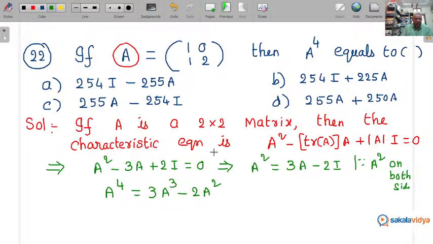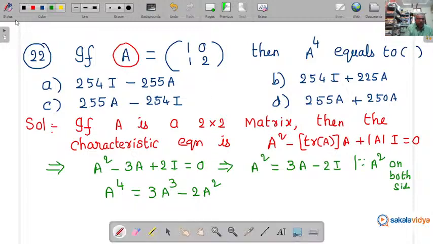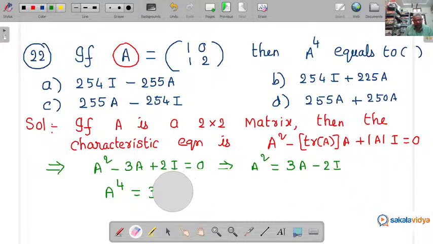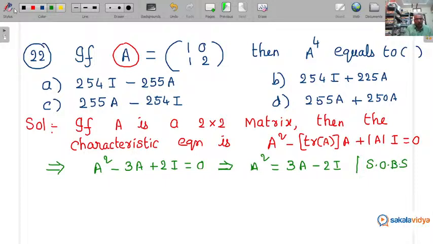One minute. I will tell you one more logic, better not to multiply. Squaring on both sides, this is a better way. Squaring on both sides means you get A to the power of 4 equals 3A minus 2I whole square.